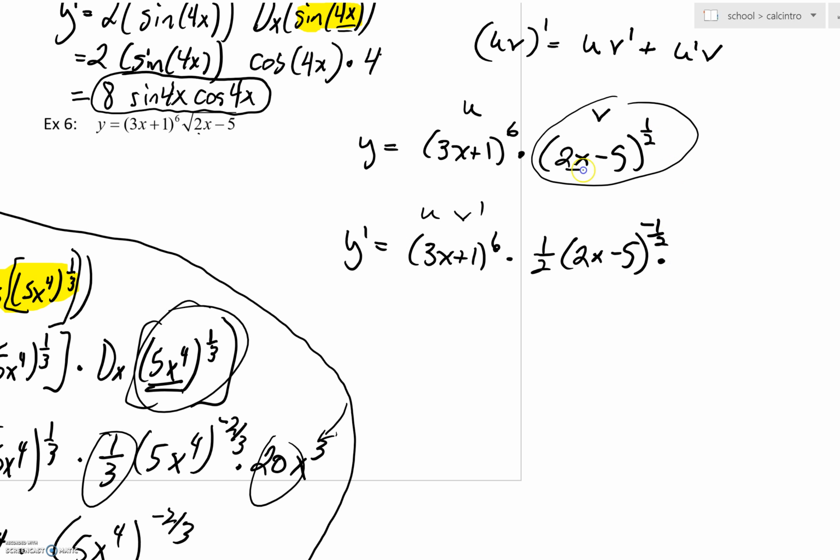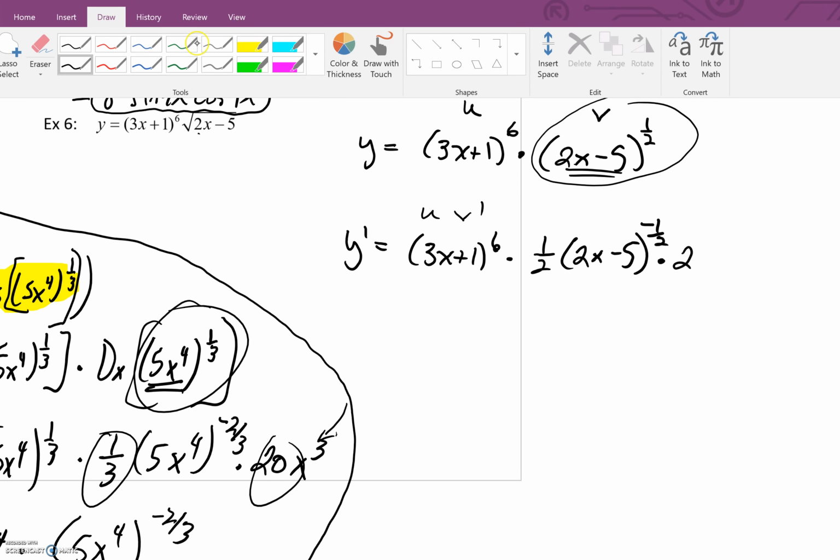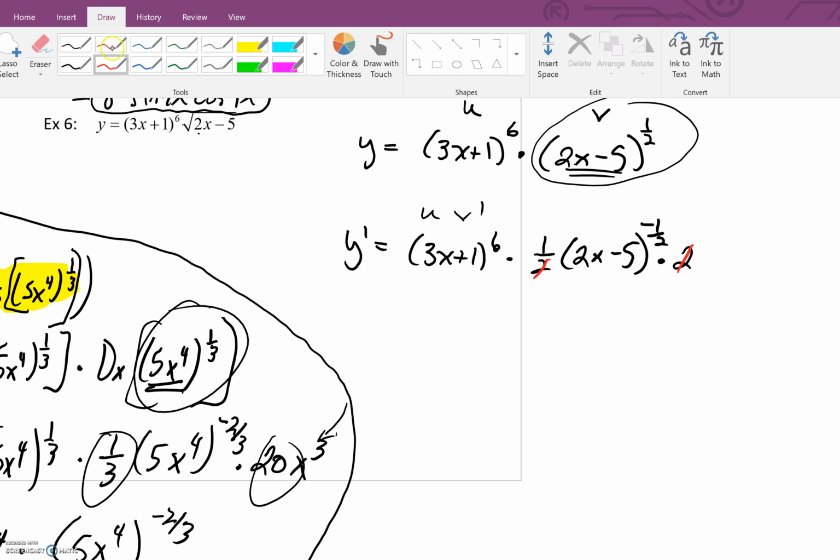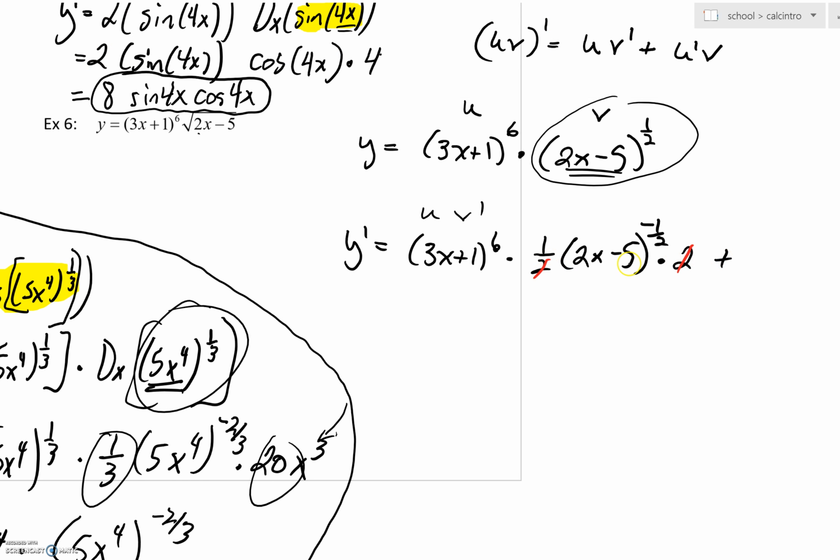The derivative of this inside is 2. And if you want to write out d subscript x of 2x minus 5, you may. But would you also notice immediately that this 2 and this 2 are going to cancel? Right? That's pretty nice. So, yeah, we're not done, are we?